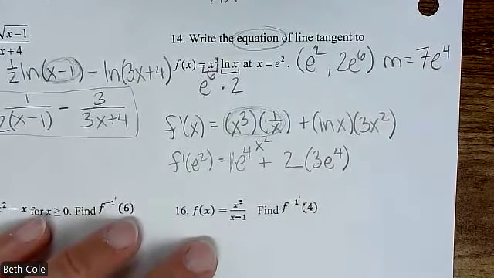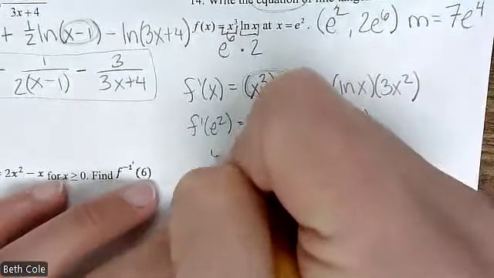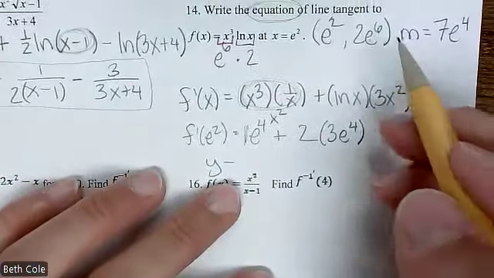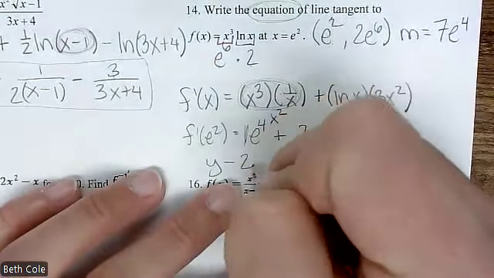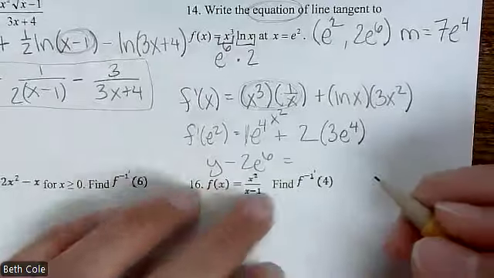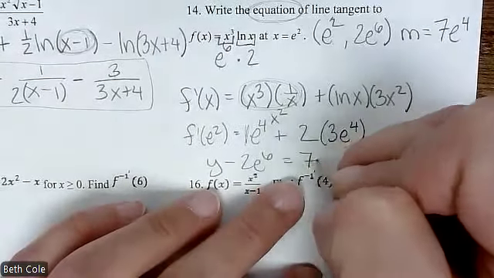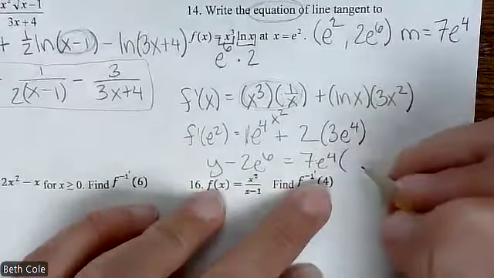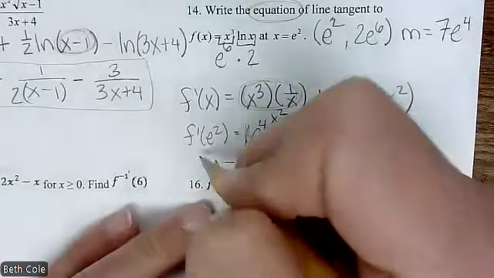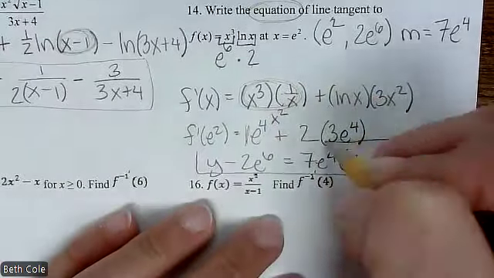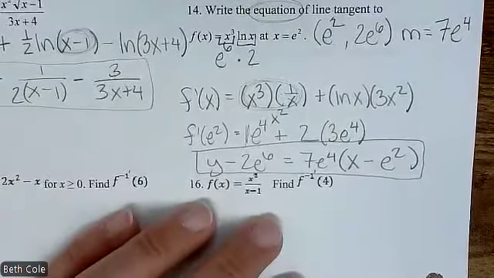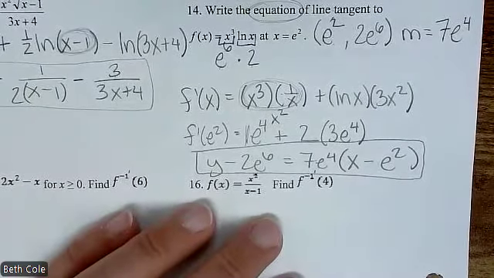Don't discriminate, okay? Your answer is going to be y minus 2e to the, go with it. Just trust the process, equals 7e to the 4th, parenthesis, x minus e squared. Welcome to advanced math. Those are all numbers. They're just values.